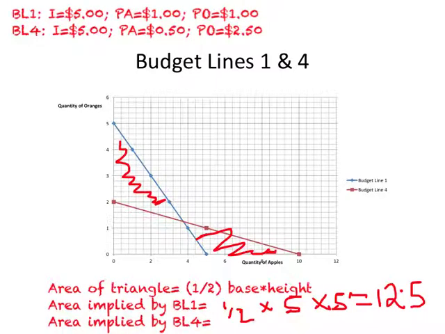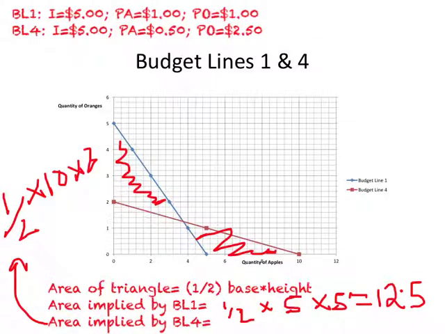What about area implied by BL4? It will be half times base. Base here is 10 times height, which is 2, and you solve for this, you get 10.